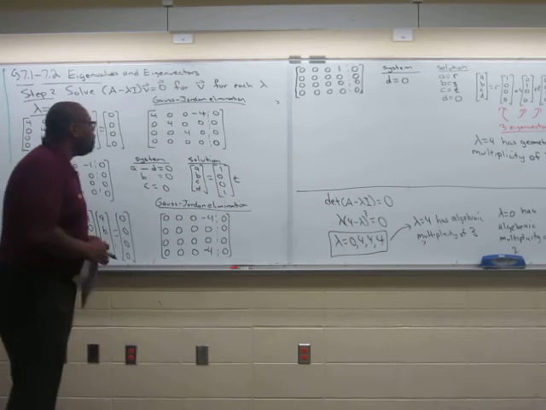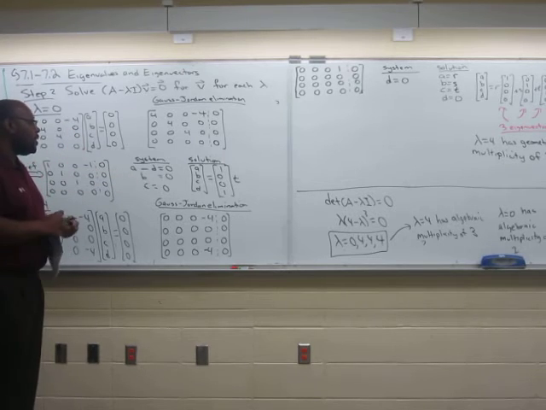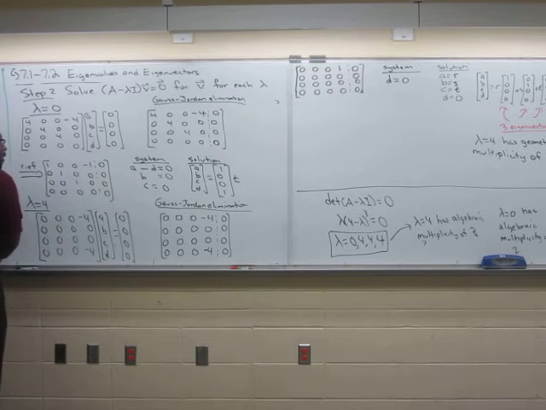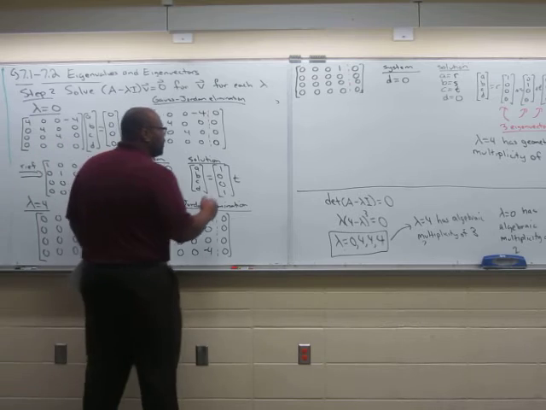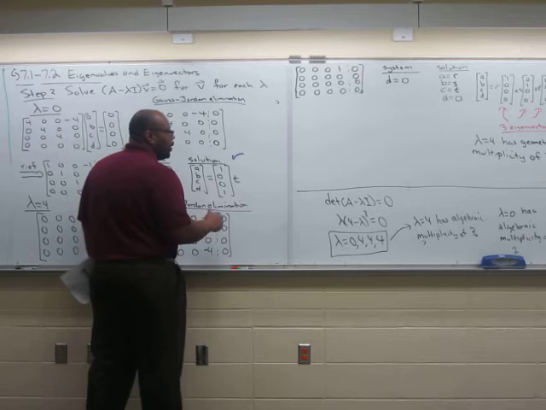What about lambda equal to 0? What geometric multiplicity does it have? Lambda equal to 0 has geometric multiplicity of 1 because it only has one eigenvector.